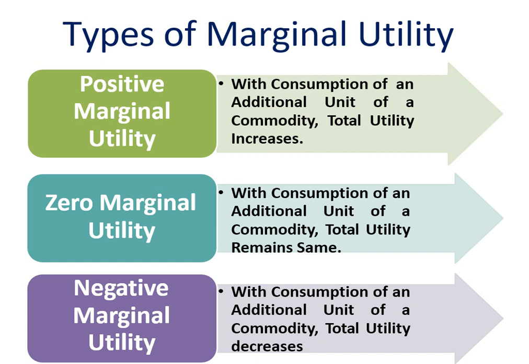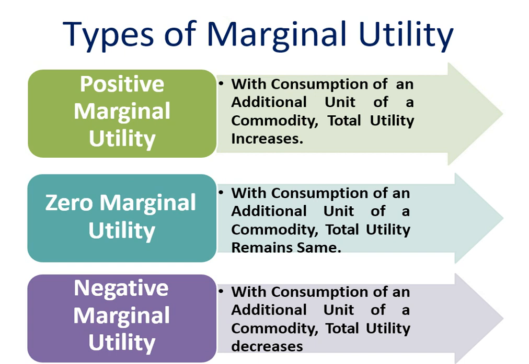And there are some types of marginal utility. Positive marginal utility. What is meant by positive marginal utility? As we have discussed earlier, marginal utility means the utility which we have by consuming one extra unit.